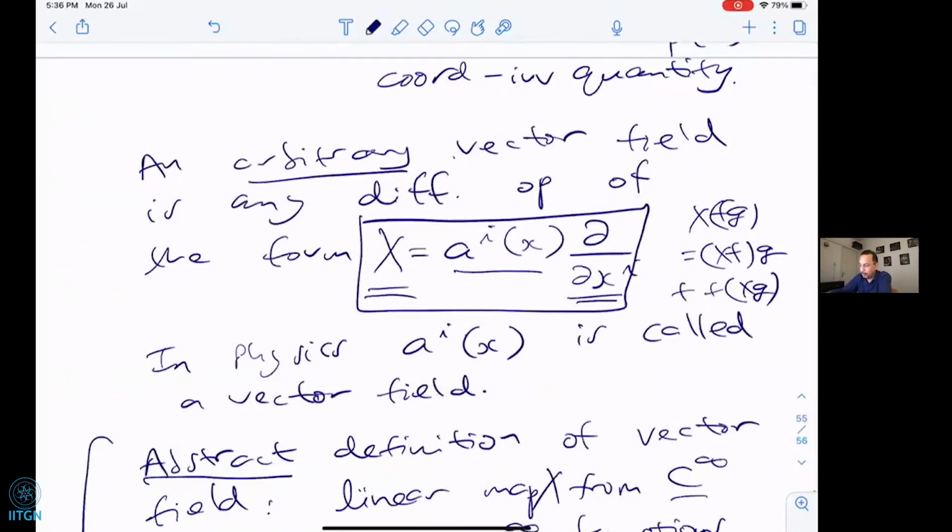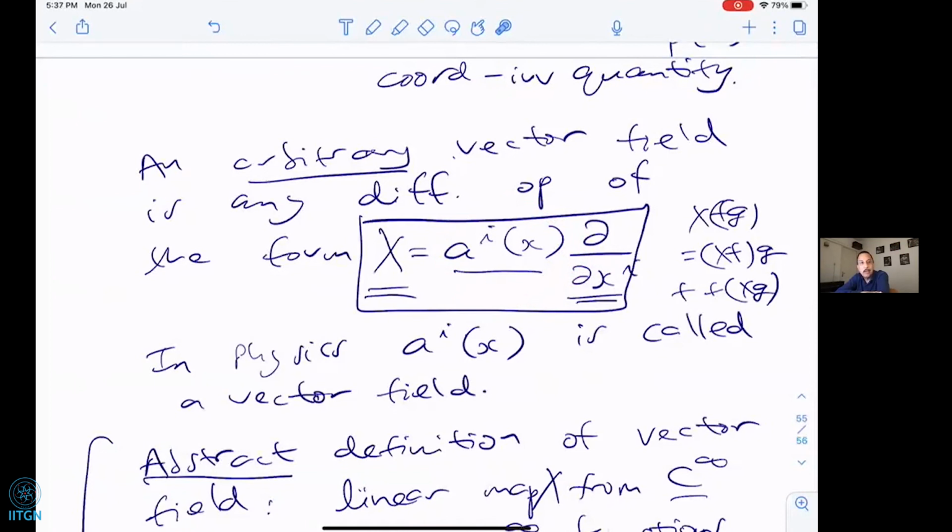Physicists normally call this thing the vector field. As I said, in all textbooks in quantum field theory, it's called a vector field. The electromagnetic vector potential is of this form. The electric field, magnetic field, all are of this form. So physicists like to do this, but then they have to be aware that every time I change coordinates in general relativity or even in special relativity, if I go from Cartesian to plane polar to spherical polar coordinates, the components of my vector change.